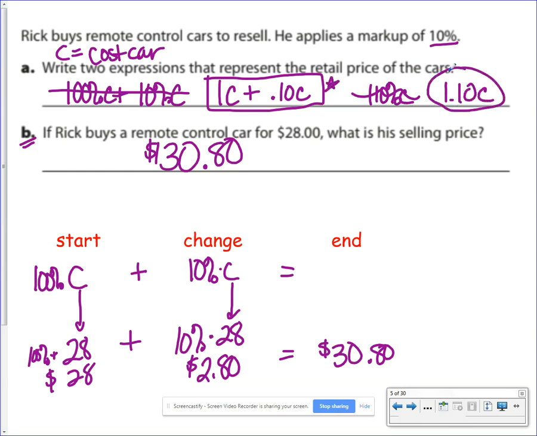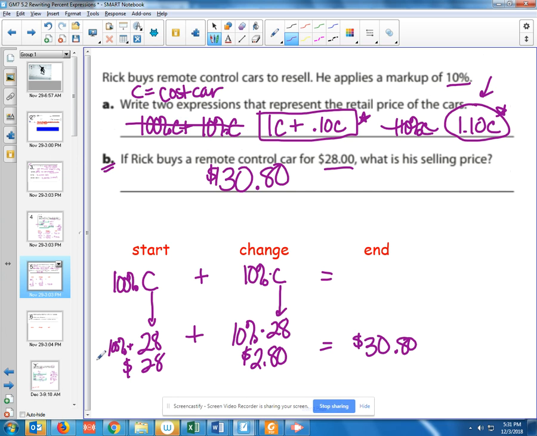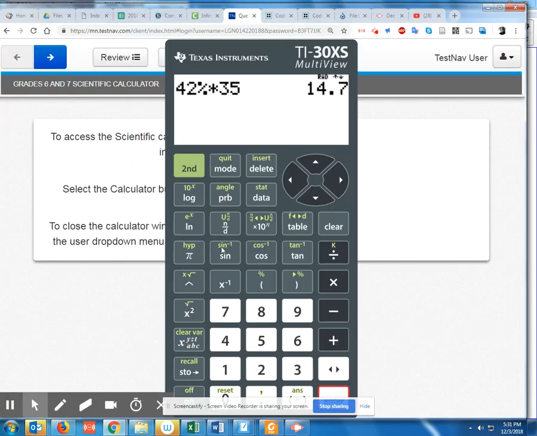So here are the two kind of expressions, or sometimes you might like to think of it kind of like a formula because we still have a variable there. And here's how you figure it out when you plug in 28. Just to check, instead of finding that markup separately and then adding, if you did it all at once as 110% times the $28, you get to your answer right away.